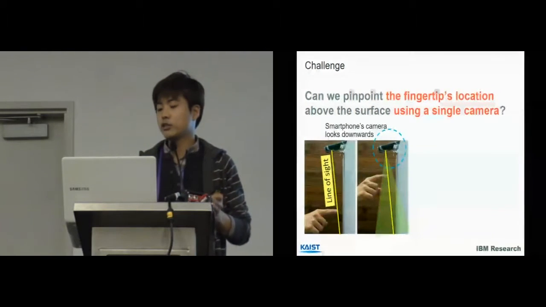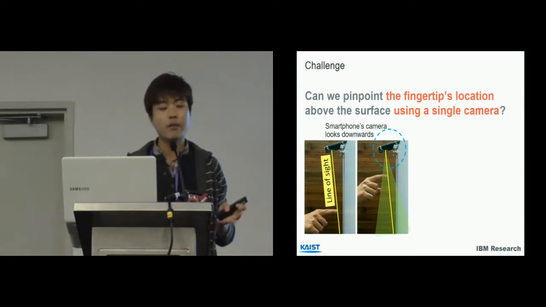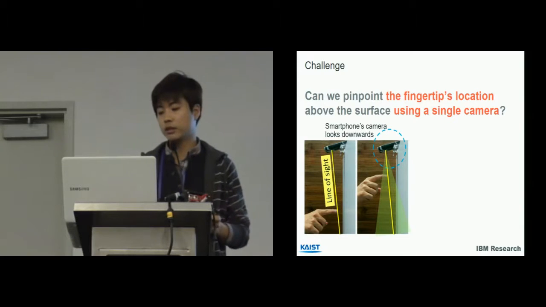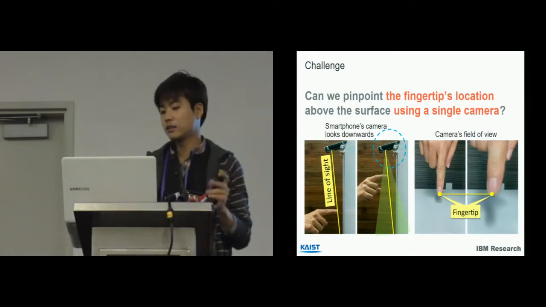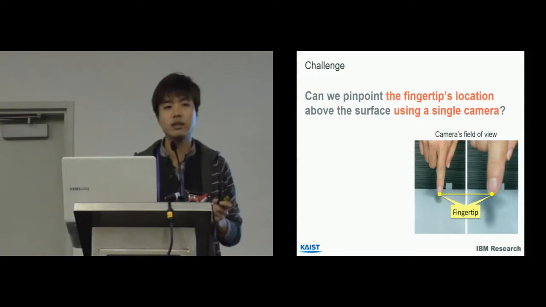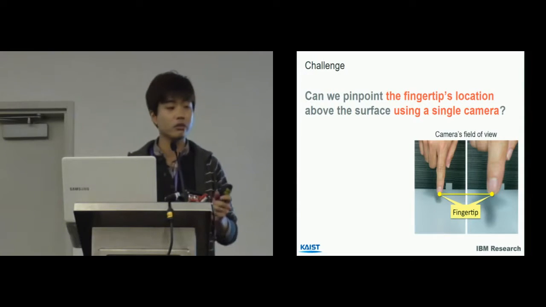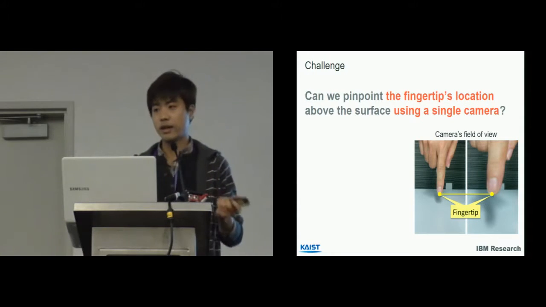The two pictures show two different fingertip locations on the surfaces. The smartphone's camera looks downwards to capture the fingertip's location. Let's see the fingertips from the camera's field of view. Using only these two pictures, can we pinpoint the fingertip's location in 3D space? No, we can't.